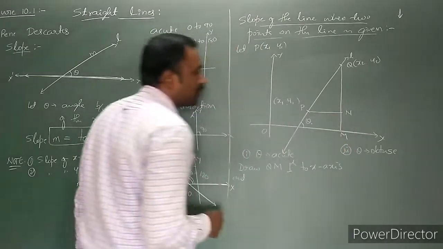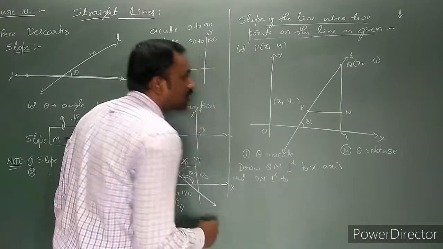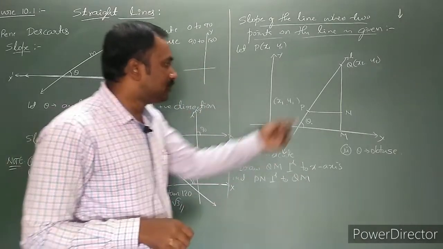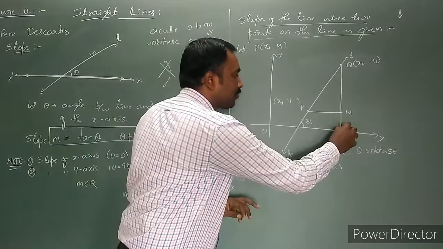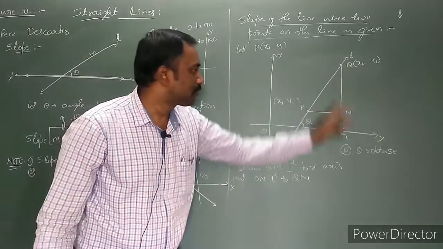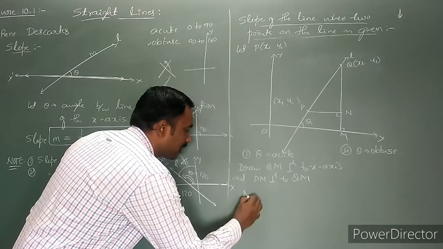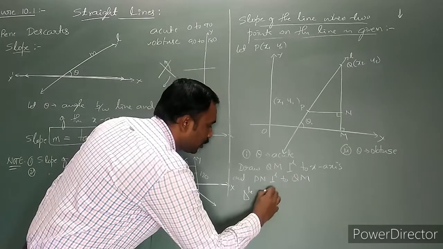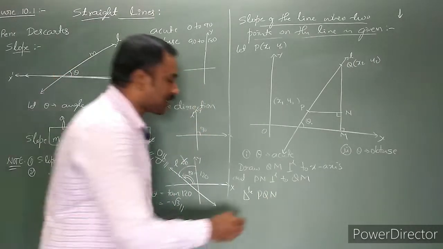PN is perpendicular to QM. I just altered the diagram. QM is perpendicular to x axis and PN is perpendicular to QM. Here we just get a right angle triangle. What is the right angle triangle? PQN. PQN is the right angled triangle.